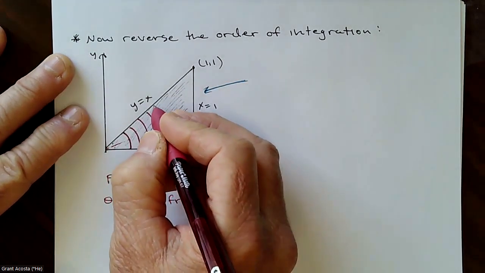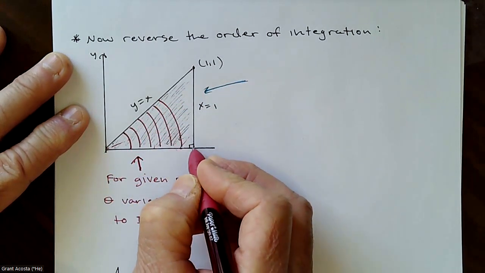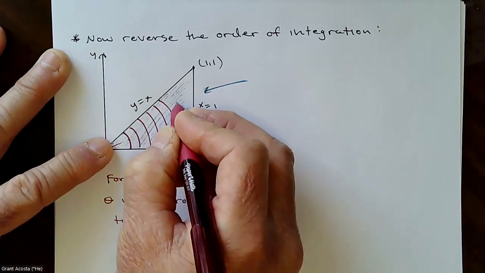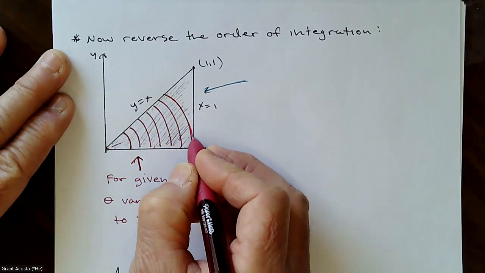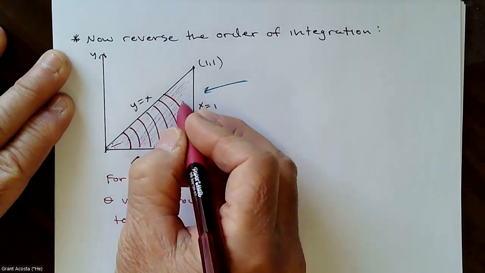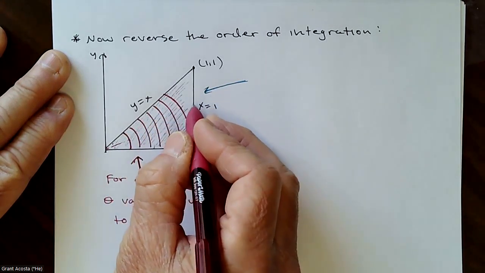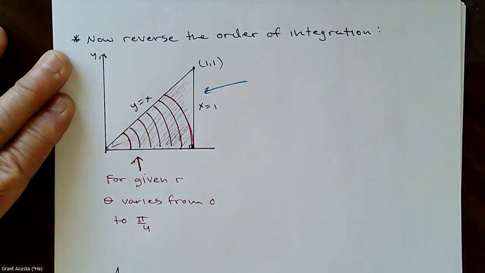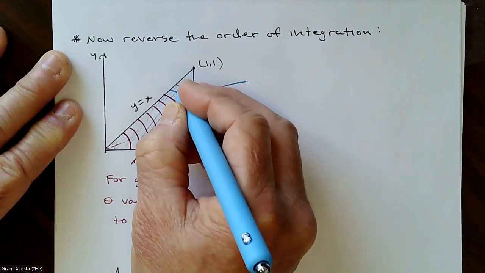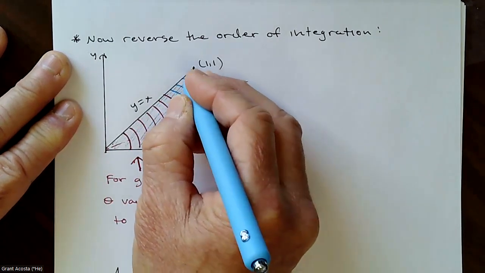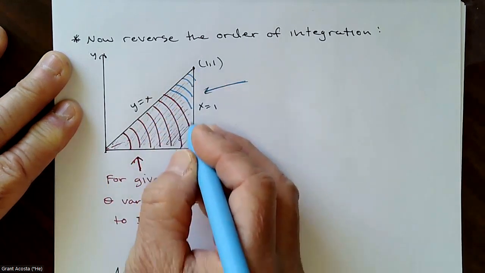So I was going to continue this picture. If I continue this, you might see that once I get to right here, I'm going to draw this last one right here. That's part of a circle. If I go further, to a larger r value, this distance wouldn't go all the way to 0. It would definitely go to pi over 4. So I need to draw these in blue here. These theta values for given values of r go from pi over 4 as a maximum to this line right here.